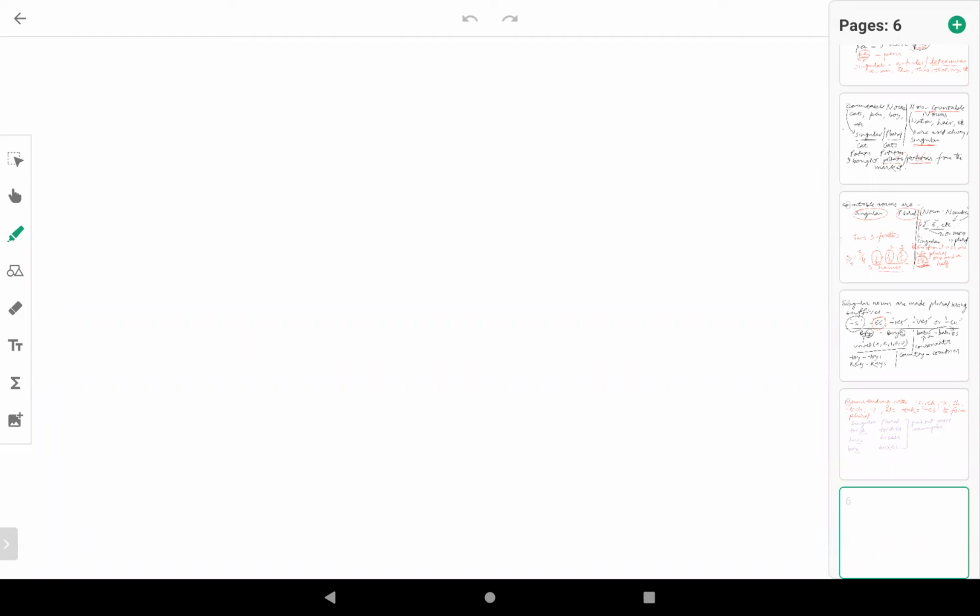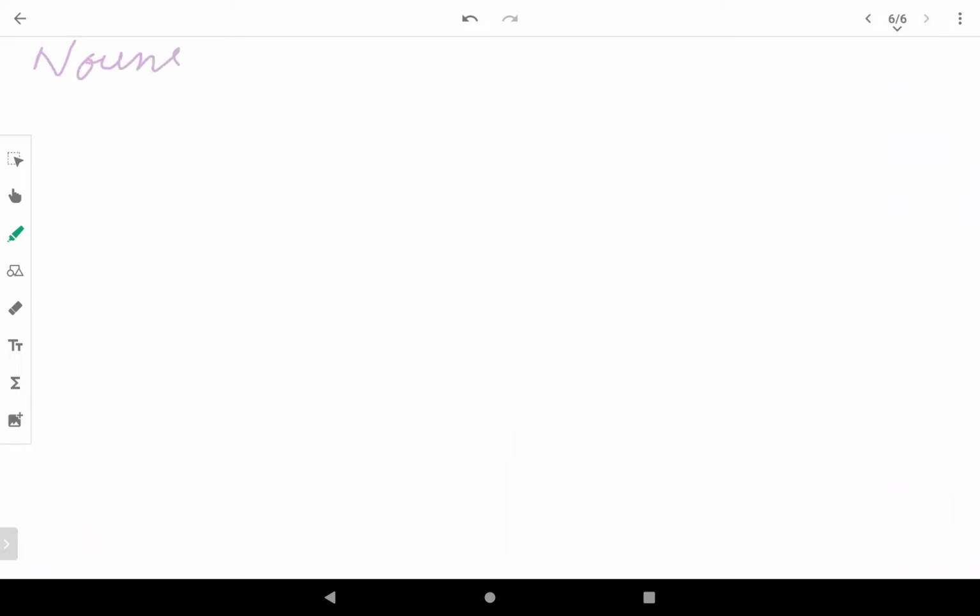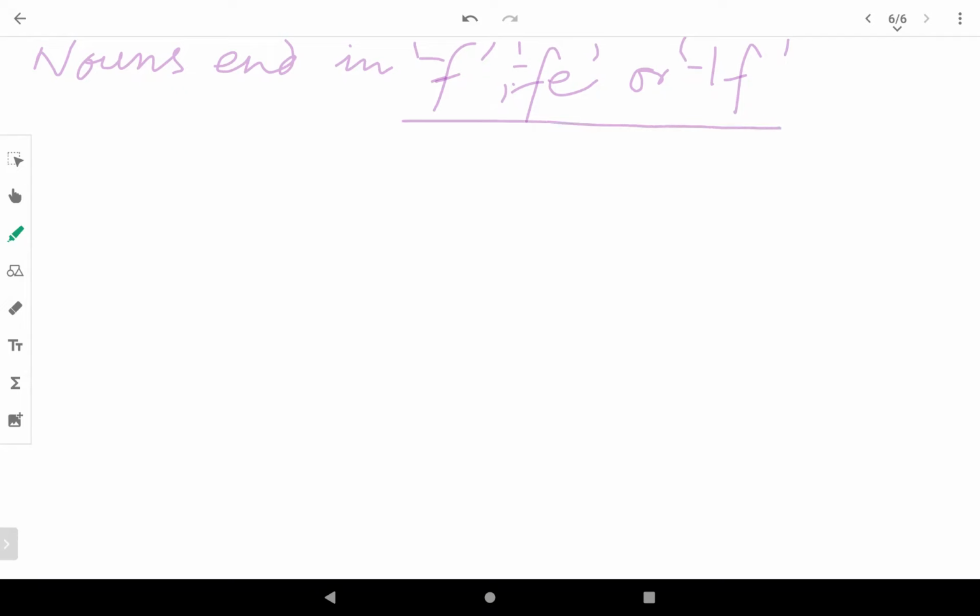Now another type of noun, ending in f, fe, or lf. There is no definite rule for this. You have to memorize. May take ves or s.